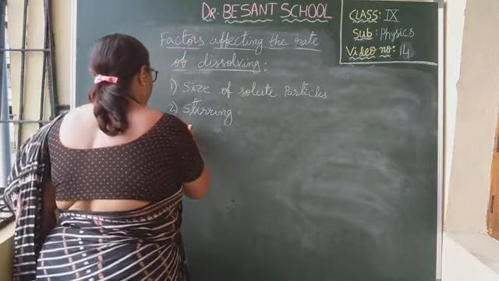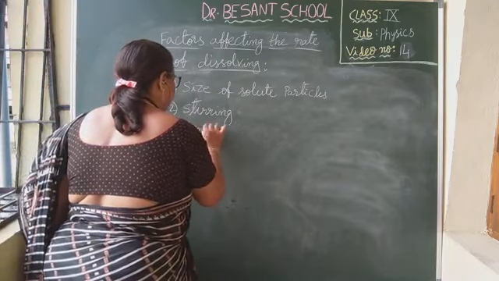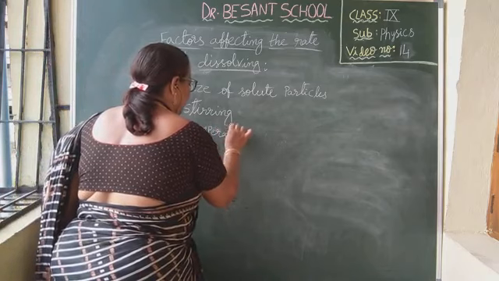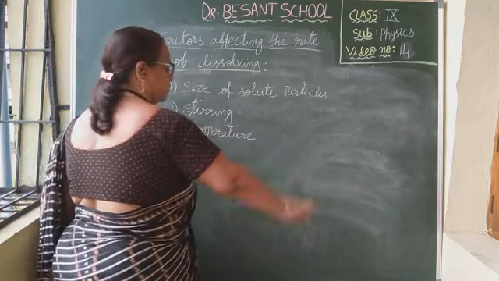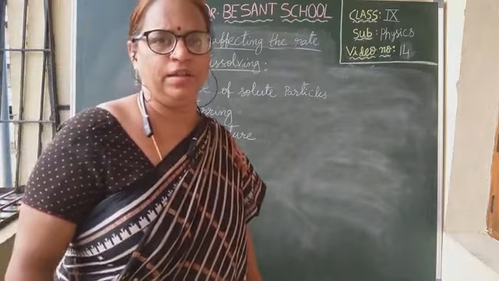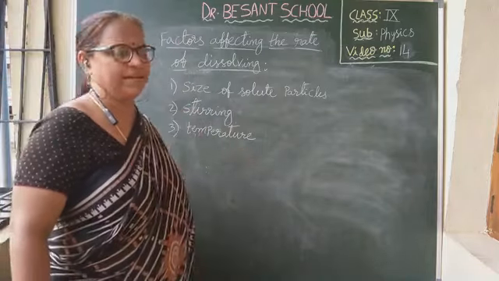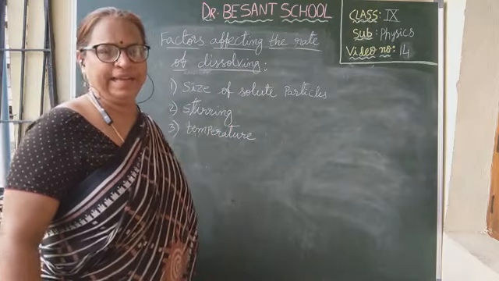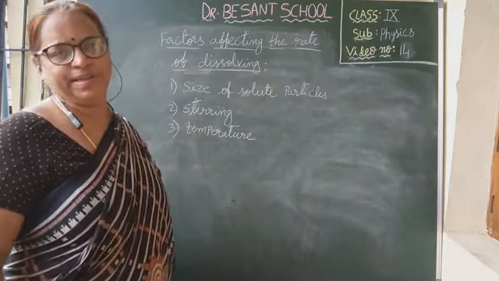And the next one, as I told, is temperature. So these are the main three factors which affect the rate of dissolving: one is size of solute particles, another is stirring, and another is temperature.